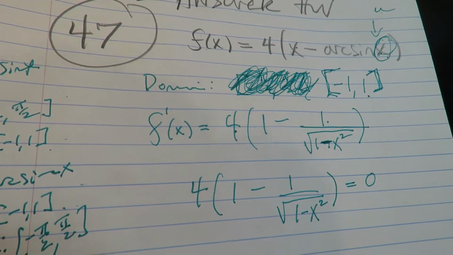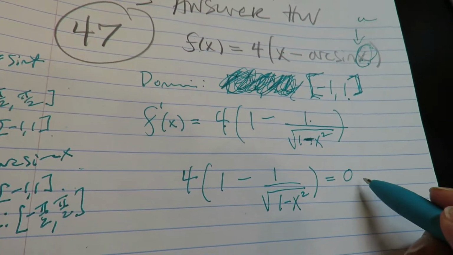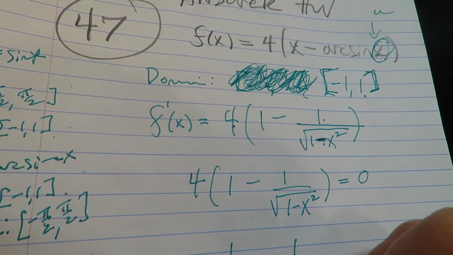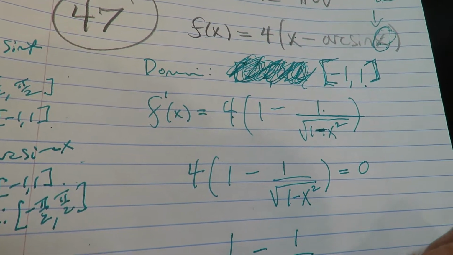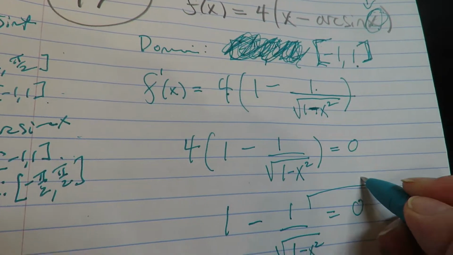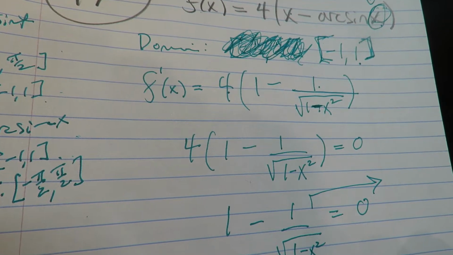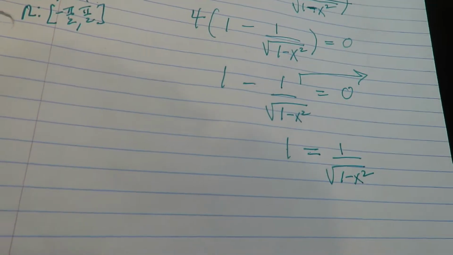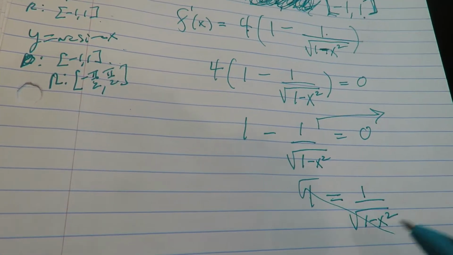What's the easiest way for you guys to do this? I'm going to just divide off the 4 now since this is equal to 0, so you really just have this. We could just maybe move it that way. Then we can cross multiply this.